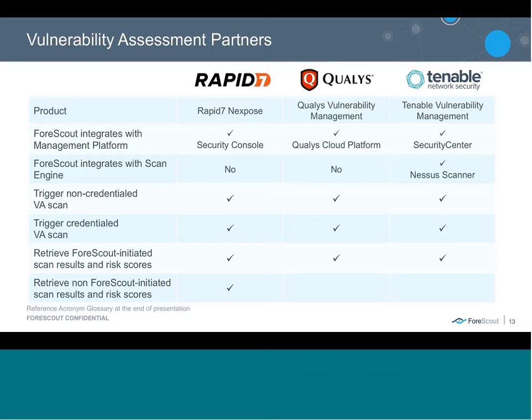Now, the only other difference here is that with Rapid7, we can retrieve non-ForeScout initiated scan results and risk scores.